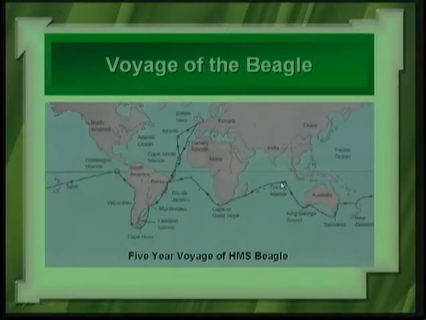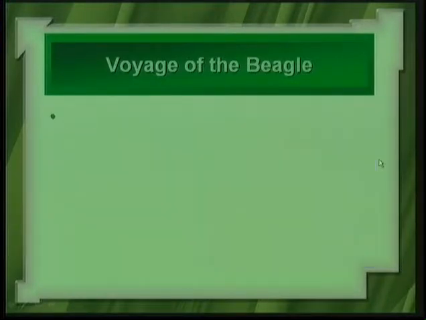They went to an island in the Indian Ocean, they went to Madagascar, a large island off the southeast coast of Africa. They went around the Cape of Good Hope, crossed the South Atlantic again, and eventually made their way back up into England. So it was a very eventful sort of thing because it got this man thinking, okay?